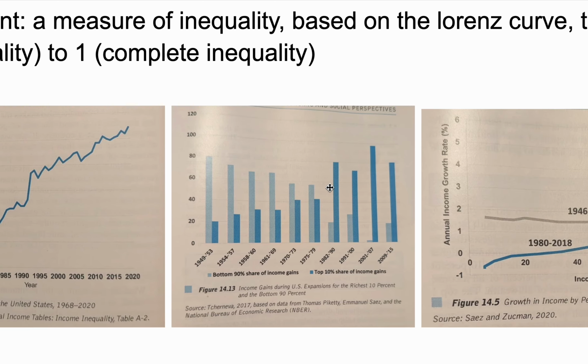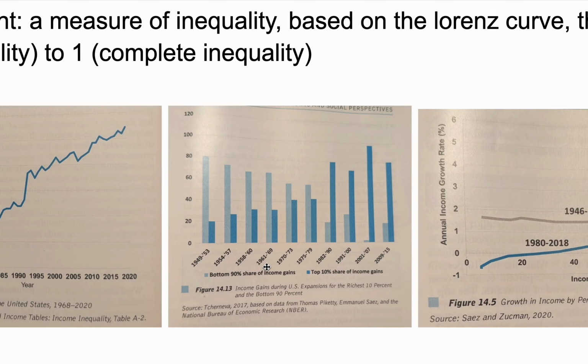And we have this other data that shows change in income. I assume this is the percentage change in the income for the bottom 90% and for the top 10%. So how is the income changing for the bottom 90%, which probably represents poor people, middle class, somewhat wealthy people, and the top 10%, which is the wealthiest population. For the wealthiest population, it's dark blue. The percentage change in the income is getting bigger and bigger.